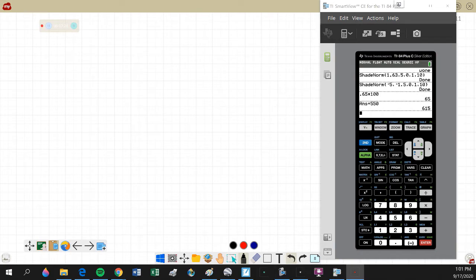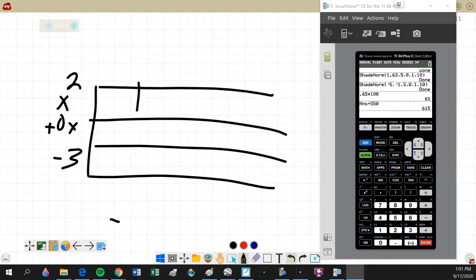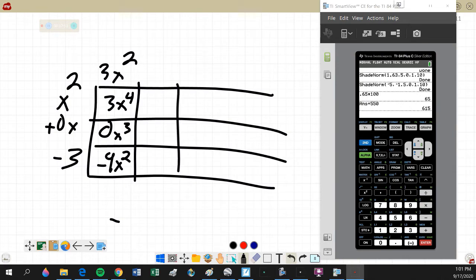All right. How many rows on 10? 3. X squared, 0x, and negative 3. Okay. 3x to the fourth. Pull out an x squared. 0x to the third. Negative 9x squared. Add a column. Those need to add up to be 0.